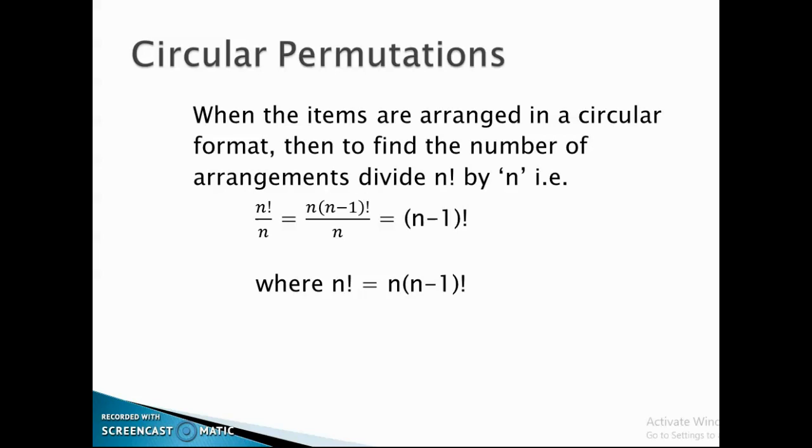In simplified form, we can write it as n into n minus 1 factorial. The rest of the terms are included in this factorial. So n factorial divided by n is equal to n into n minus 1 factorial over n. Simplifying this expression, we are left with n minus 1 factorial.